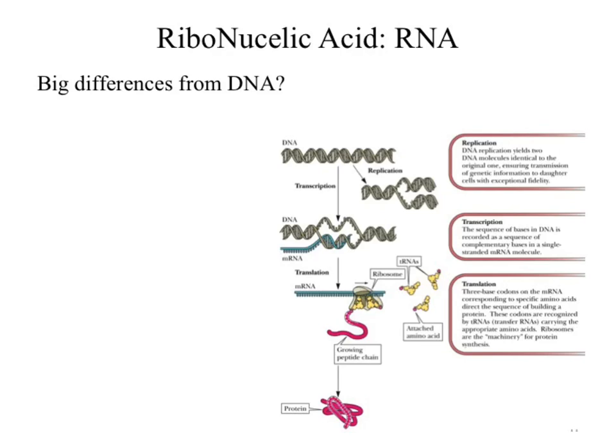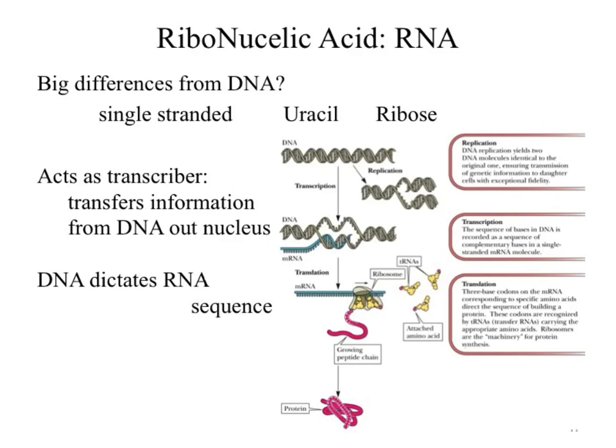RNA can leave the nucleus. DNA cannot. As a hint, it's a different sugar molecule. It's ribonucleic acid versus deoxyribonucleic acid. So our sugar molecule also changes in this process. We're looking at a standard ribose molecule, with uracil popping in instead of thymine, and it's single-stranded.